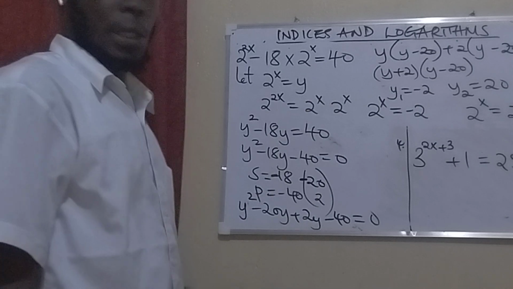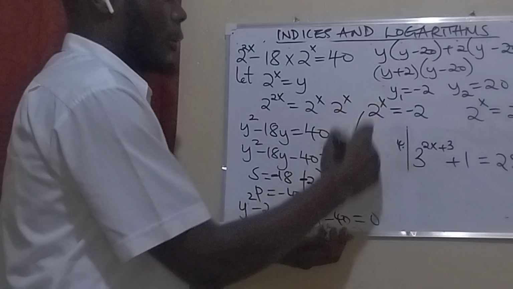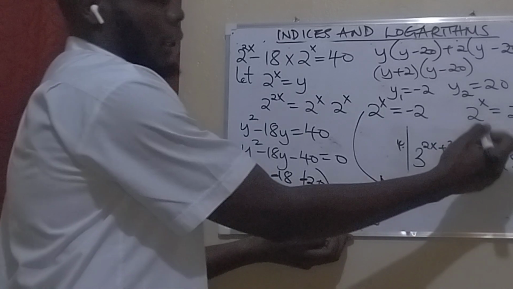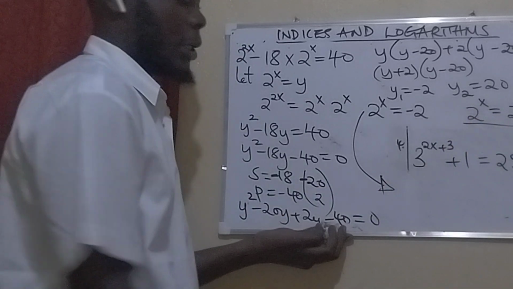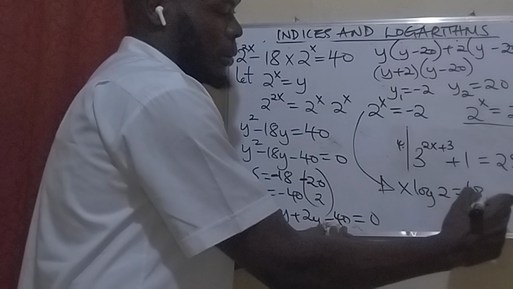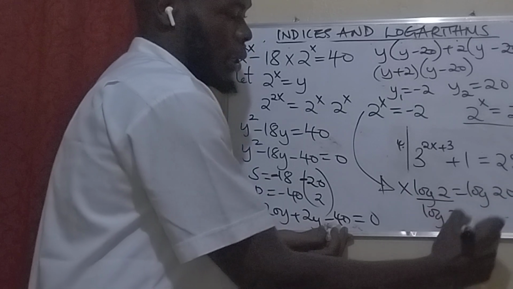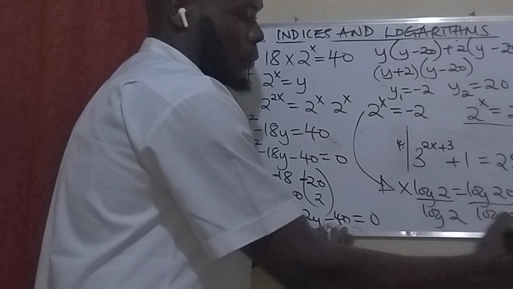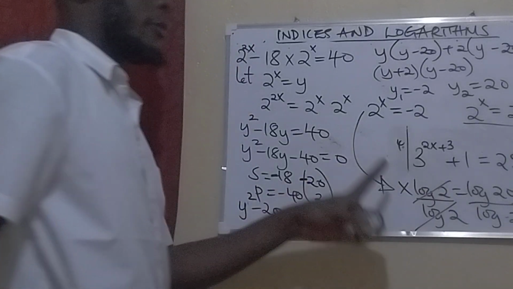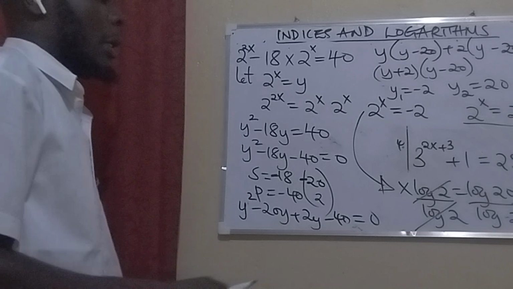So you can introduce logarithm so that you can find the value of x. If you introduce log on both sides, it will be x log 2 equals log 20. So if you want x, you divide by log 2 both sides. Then you get the value of x. The same applies to this one.